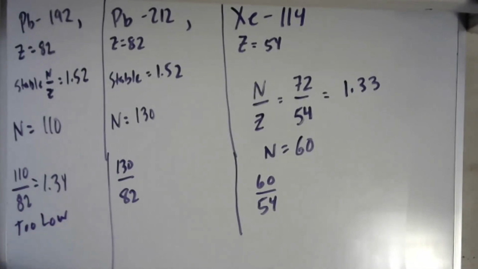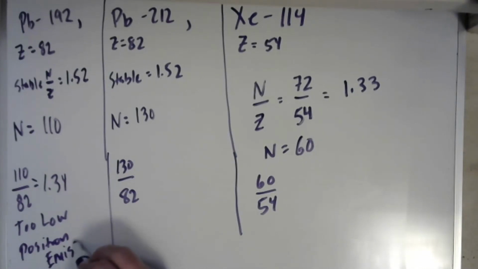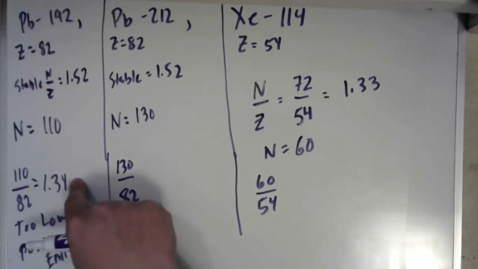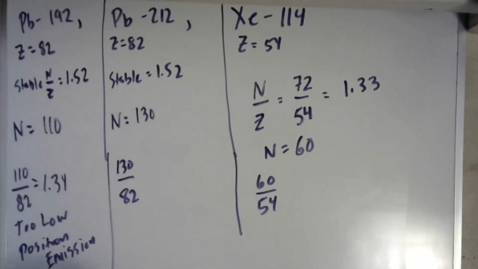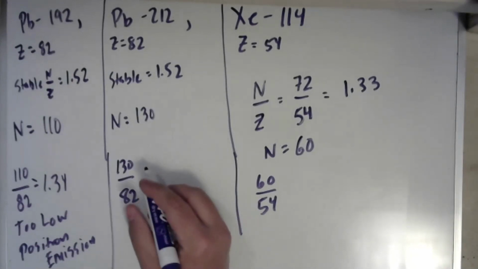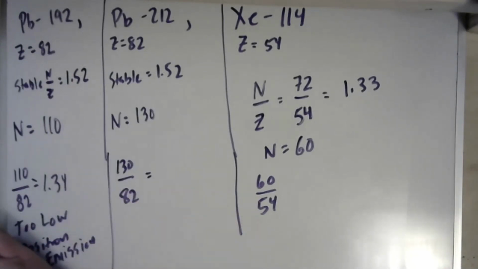When the value is too low, we're going to have some positron emission, because positron emission will help increase this value so it gets closer to 1.5.